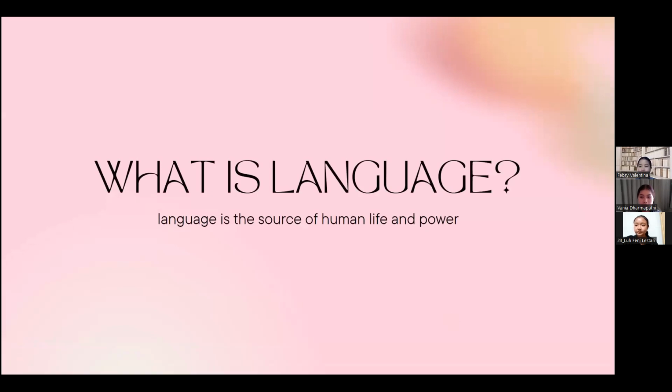What is language? Language is the source of human life and power. According to the philosophy expressed in myth and religions of many peoples, language is the source of human life and power. To understand our humanity, we must understand the nature of language that makes us human.